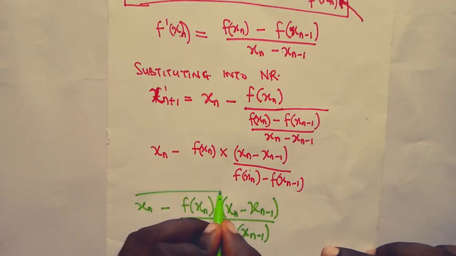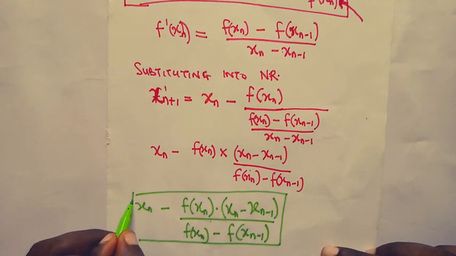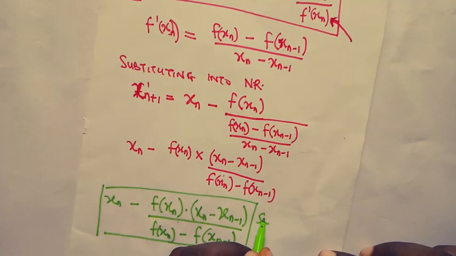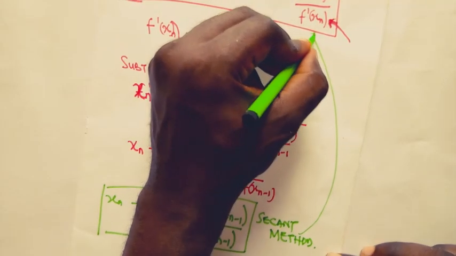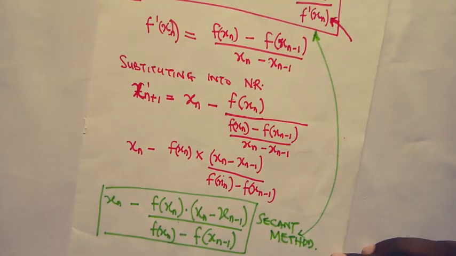And this is what we call the secant method, as derived from Newton-Raphson's method.